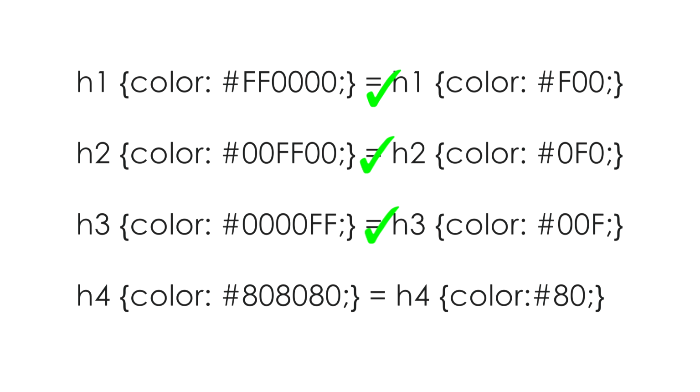For H4, on one side we have 80, 80, and 80, which defines the RGB quite well. But for the short form, we have only 80. We missed one value, and this short form would not work.